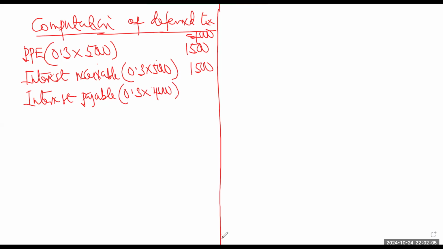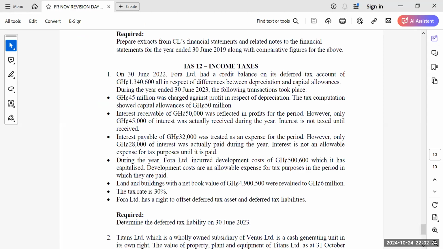How much are we getting? I'm having 1,200. That will be a deferred tax asset. So we subtract. Okay, let's come here.